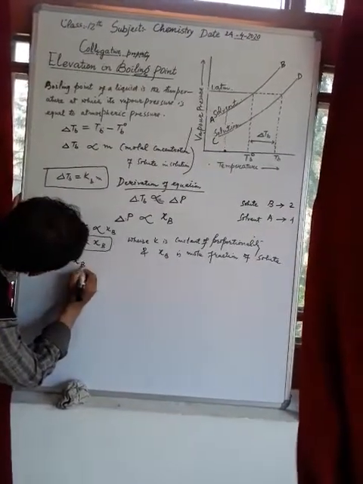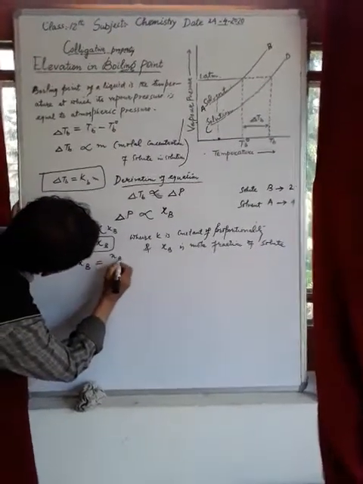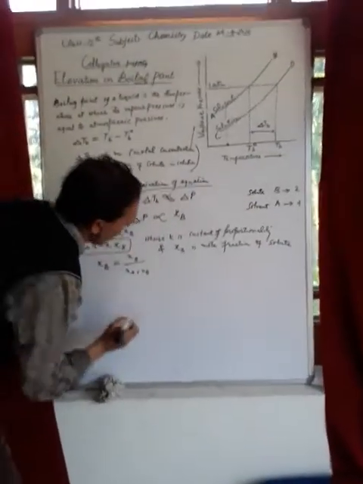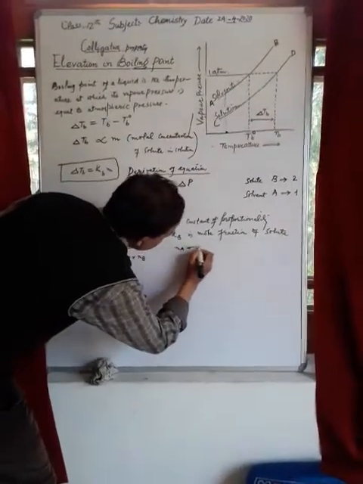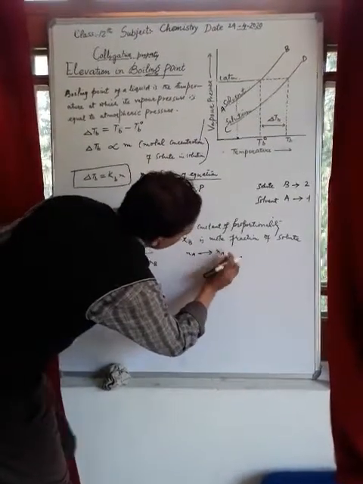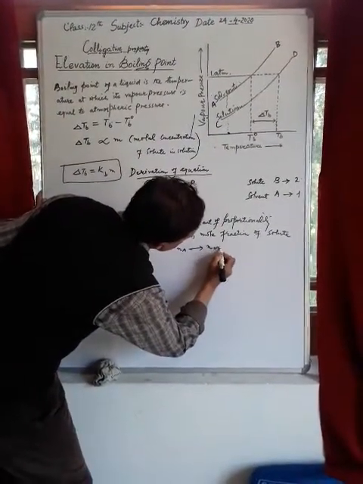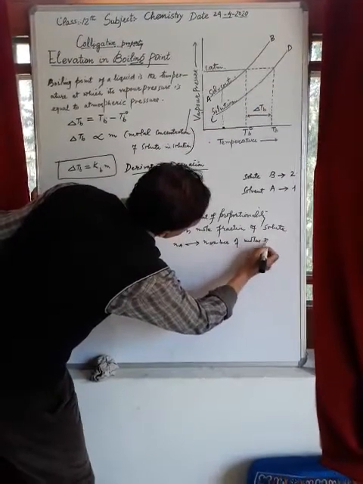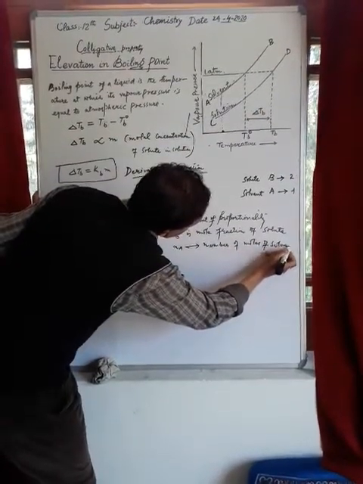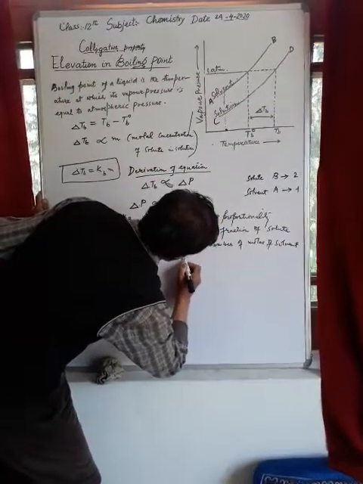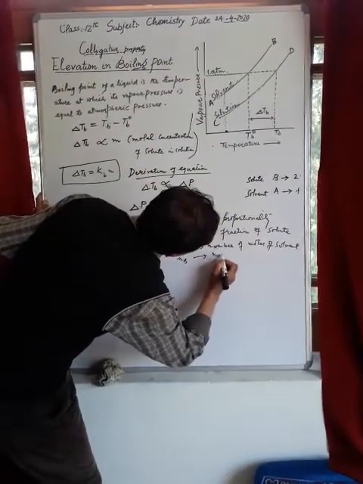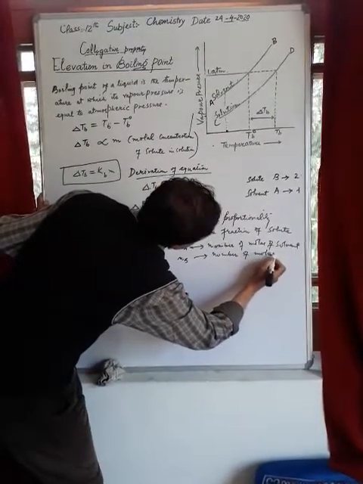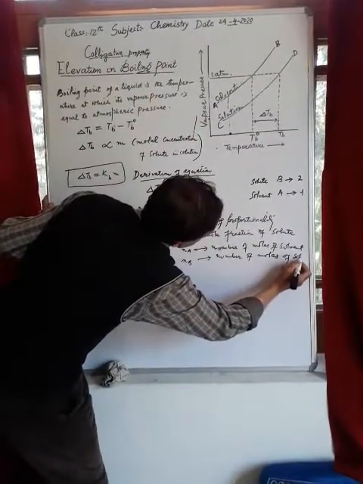Xb can also be written in the form of nb divided by na plus nb. What is na? It is the number of moles of solvent, and nb is the number of moles of solute.